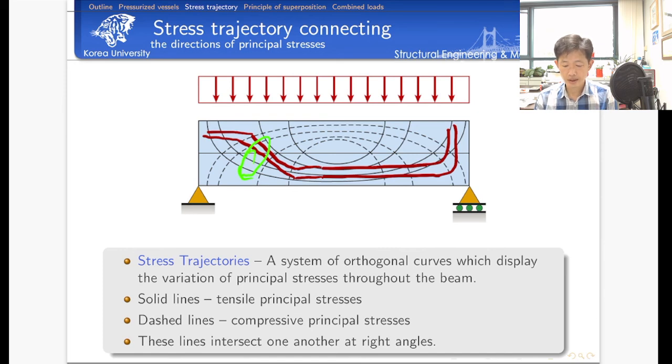And then the crack near the support is around 45 degrees, and we call it an inclined shear crack. Because of the name inclined shear crack, people would think that the crack is developed because of shear force, but no, it is not. This is a combination of shear force and normal stress. That's why we have this kind of inclined shear crack.